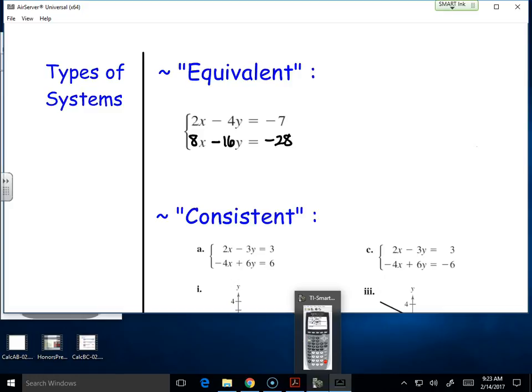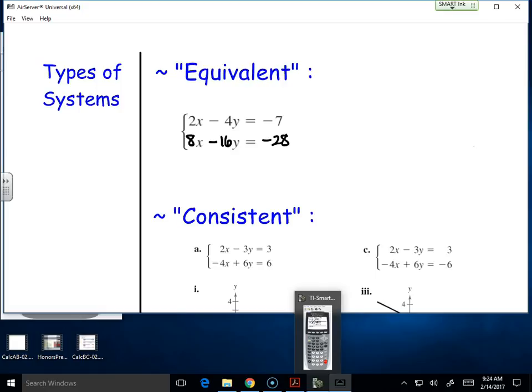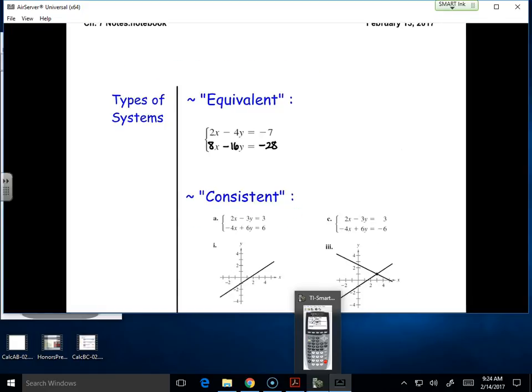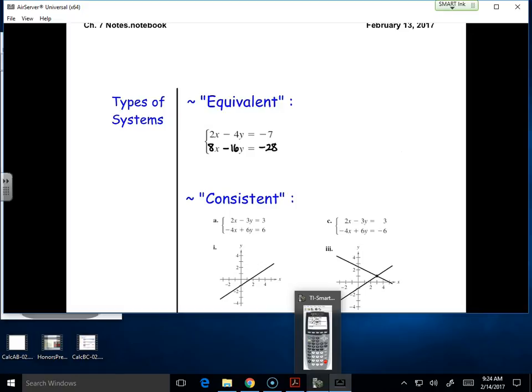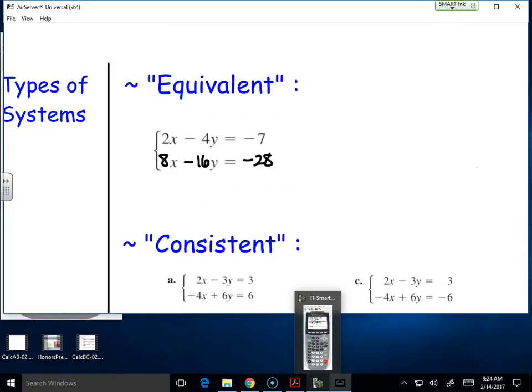Kiddos, what would happen mathematically? We'll talk about what's happening as far as the graph itself. But what would happen mathematically if we're looking at the equivalent? They're the exact same, right?